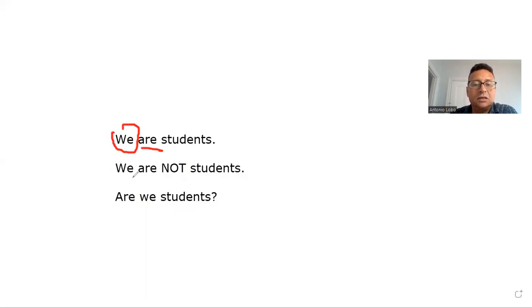A sentence. This is negative. You see, the particle not comes in front of the verb to be. And this is interrogative or questions. The verb comes first and then the person. We are students, affirmative. Negative, we are not students. And question, interrogative, are we students? This applies to every sentence that has the verb to be in it. Okay? This is the affirmative.